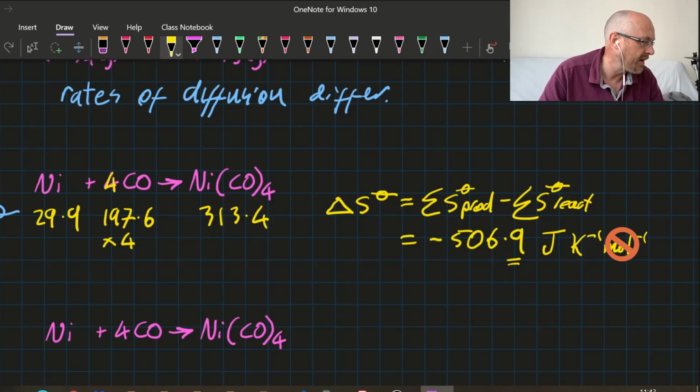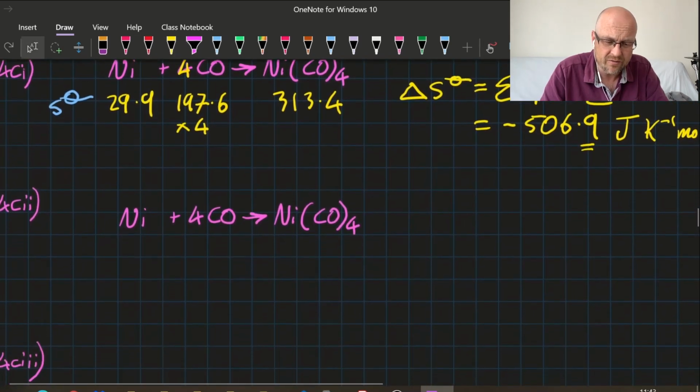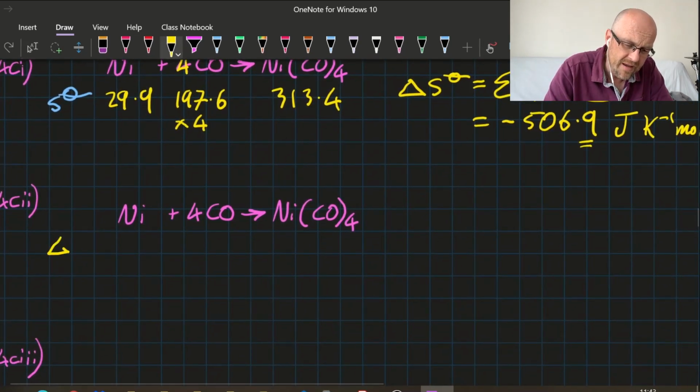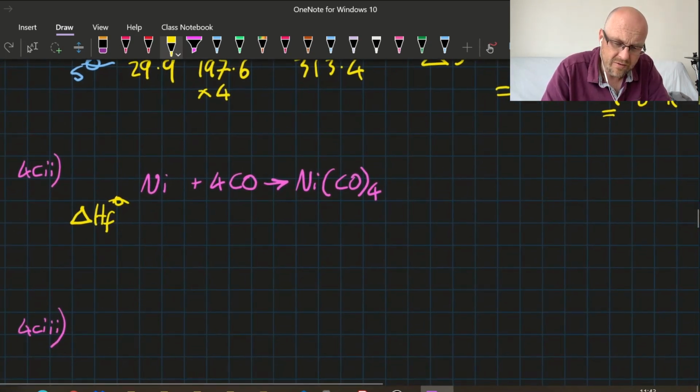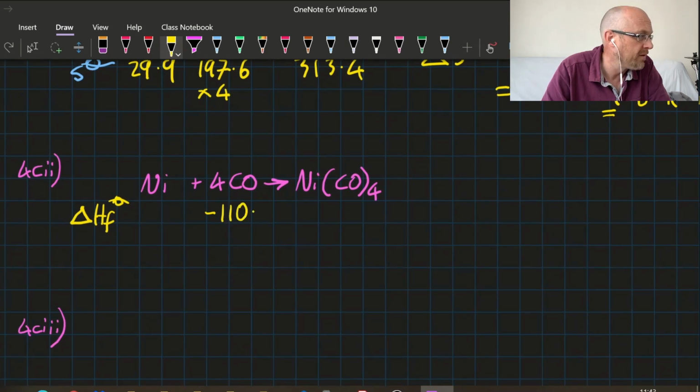Next, calculate delta H. So this is a classic SL question. You've got to write down the heats of formation. Well, they've given me the value for carbon monoxide, minus 110.5. Again, not forgetting to multiply that by the 4.